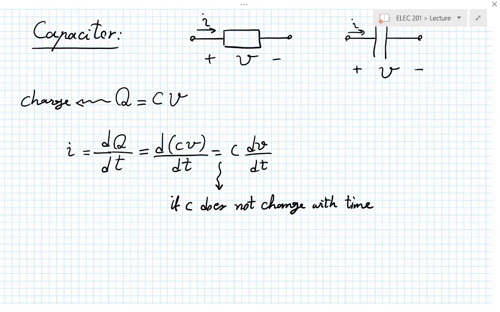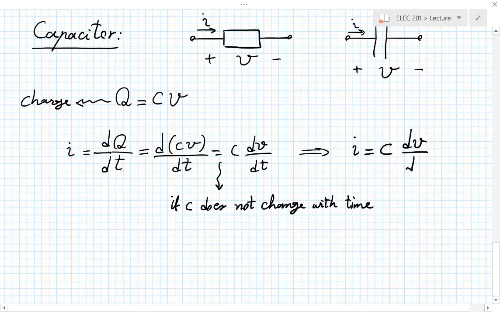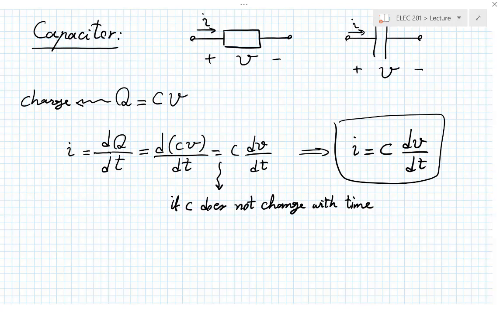So as far as circuits are concerned, let's just write it in compact form. I equals C dV by dt. It's very similar to Ohm's law. There you had a proportionality between current and voltage. Here you have a proportionality between current and not the voltage itself, but the time derivative, the first time derivative of voltage.